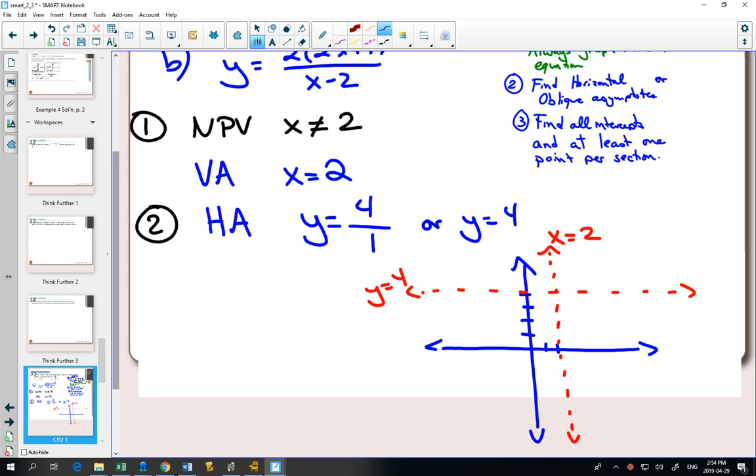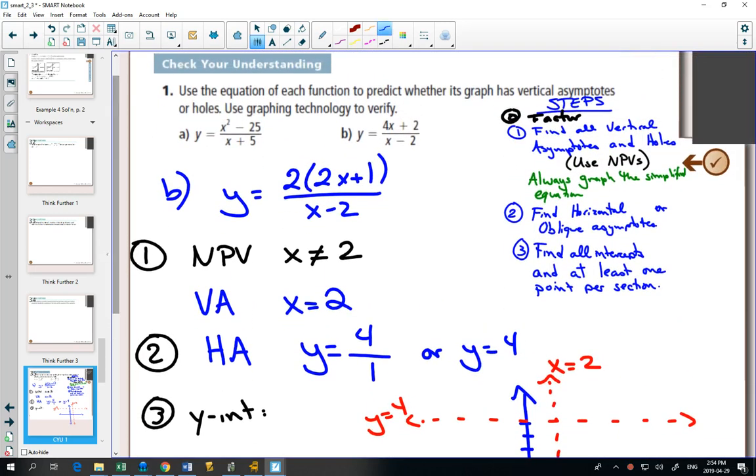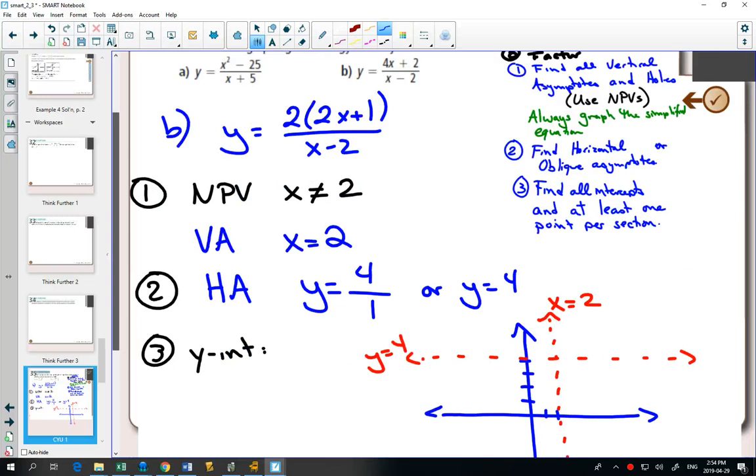Step 3 says find all of your intercepts and graph at least 1 point per section. So to find a y-intercept, that's really easy. You go to your original equation and plug in 0 for x. If I plug in 0 for x, can you see that I have plus 2 on the top, minus 2 on the bottom? 2 over minus 2 is minus 1.